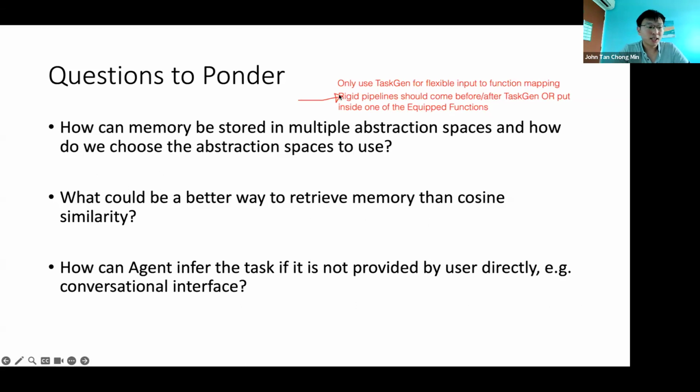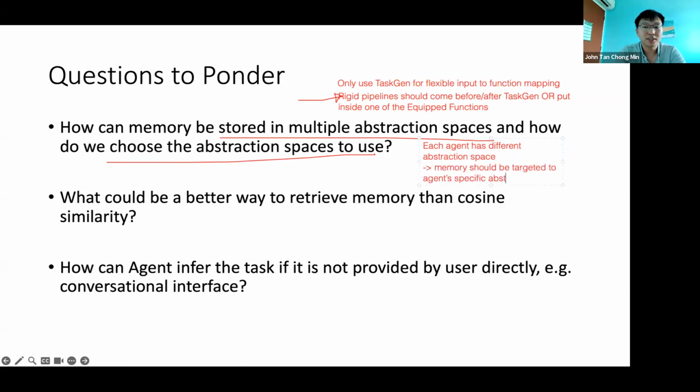Okay, so the first question I have is: how do we store memory in multiple abstraction spaces, and how do we choose the right abstraction spaces to use? Just to quickly answer this question, I would say that each agent has a different abstraction space, and the memory should be targeted to the agent's specific abstraction space.